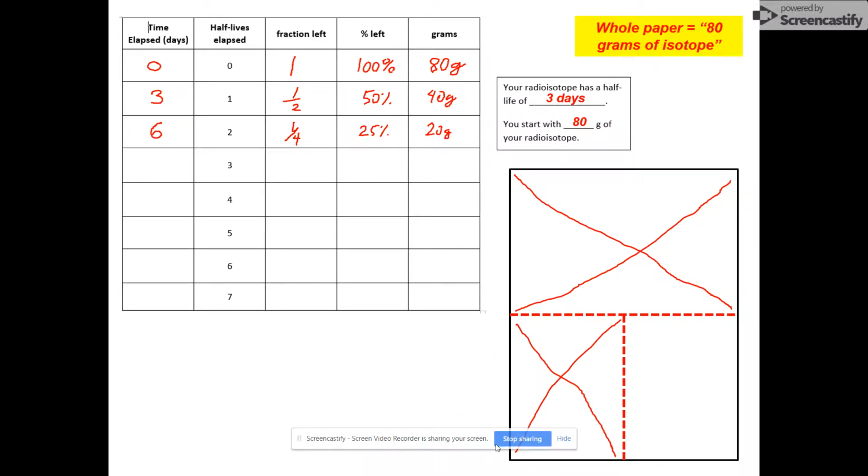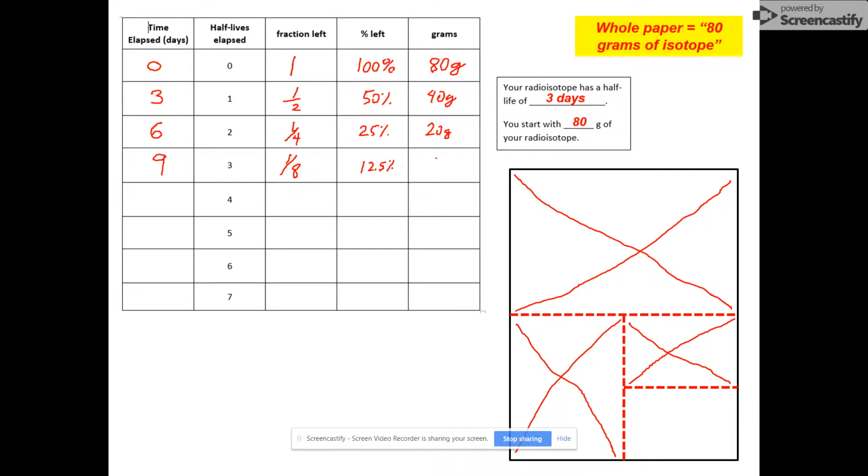Okay? That's 2 half-lives. 3 half-lives? Well, we fold it in half again, and this much has decayed. When would that be? Well, 3 half-lives would be 9 days, and that would mean that there's only an 1/8 left of our original radioisotope. That's 12.5%. Mr. Young, how'd you do that in your head?